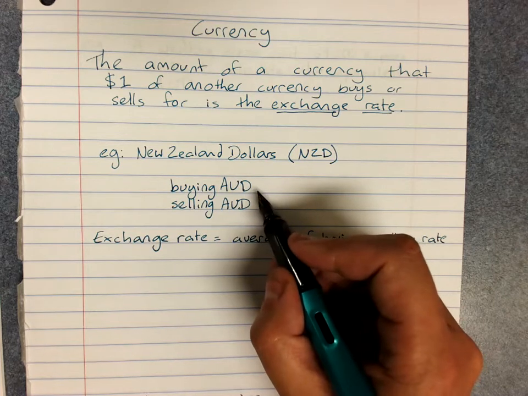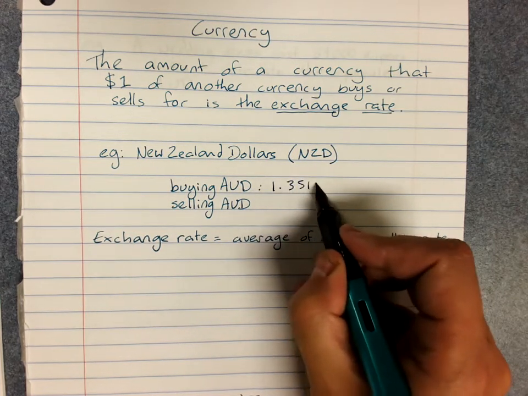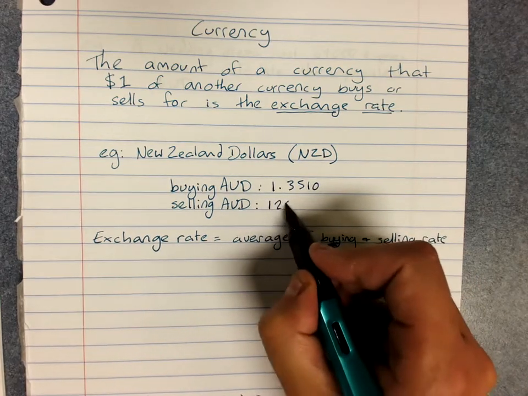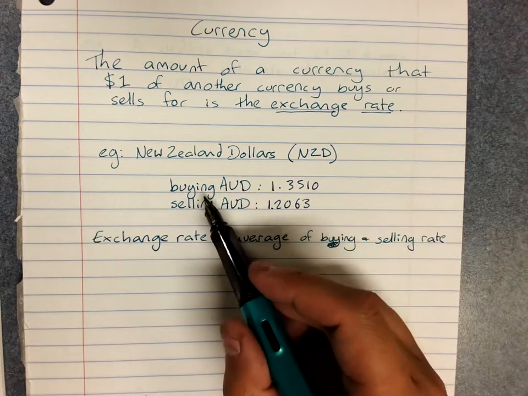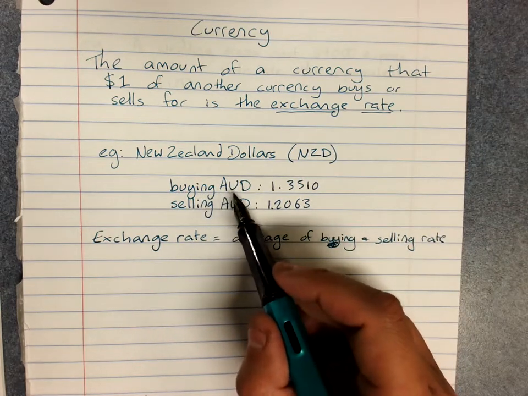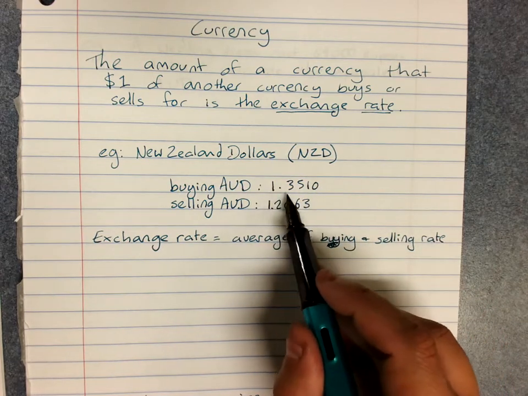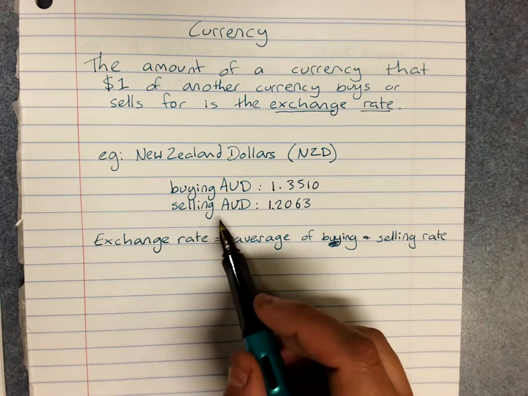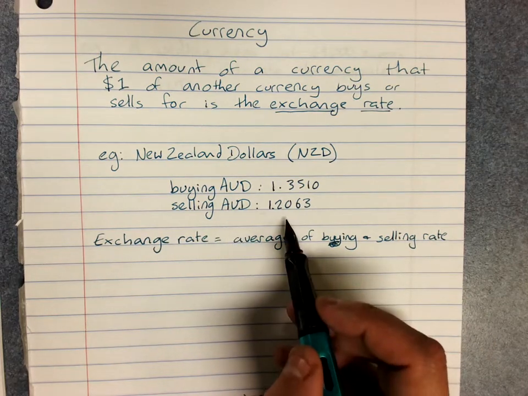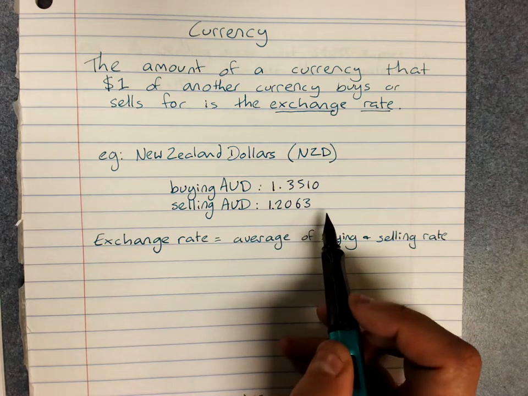From the table, I'm reading 1.3510 and 1.2063. What this means is, when you trade in New Zealand dollars to buy Australian dollars, 1 Australian dollar is worth 1.351 New Zealand dollars. When you trade in Australian dollars to get New Zealand dollars, 1 Australian dollar is worth 1.2063 New Zealand dollars.